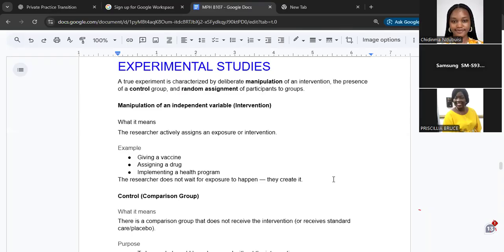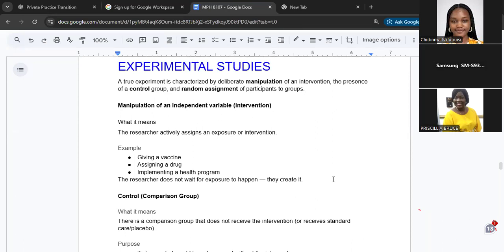Okay, so now let's explain what we mean by manipulation of an independent variable. It's very simple, ignore the big grammar. It just means, like we have said quite a number of times, that the researcher is introducing something. That's the manipulation we are talking about.